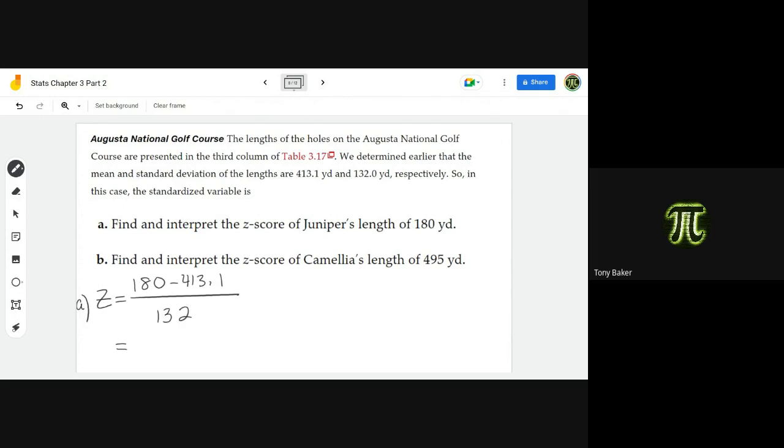So 180 minus 413.1 divided by 132. And you should get negative 1.766.